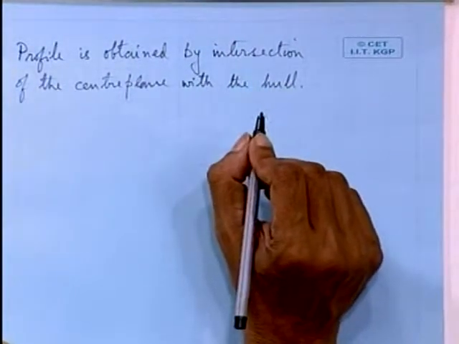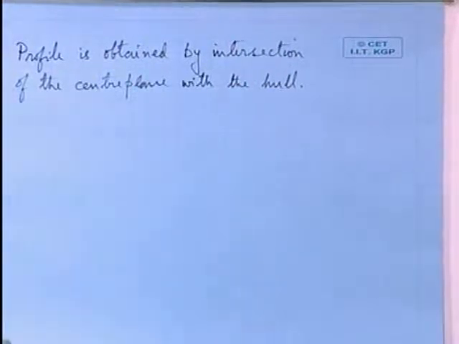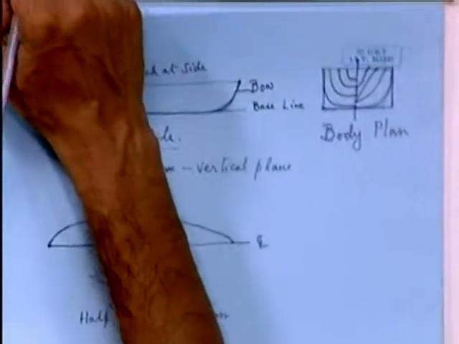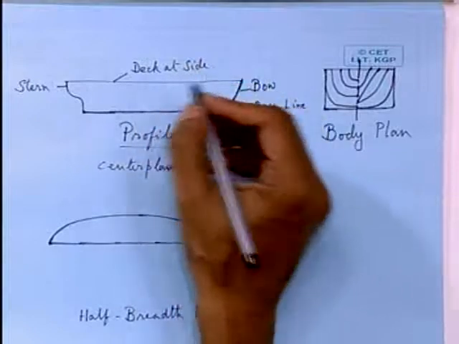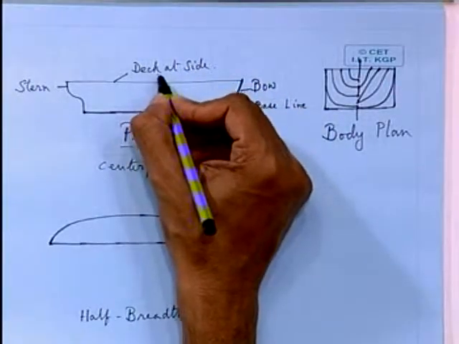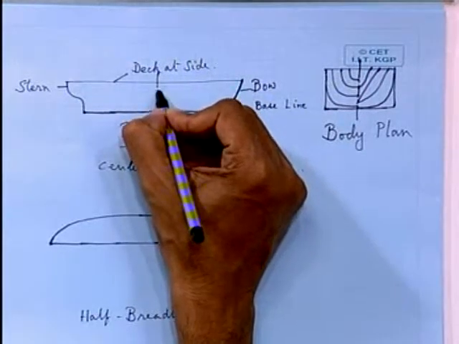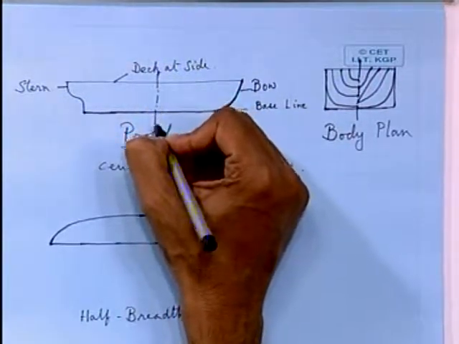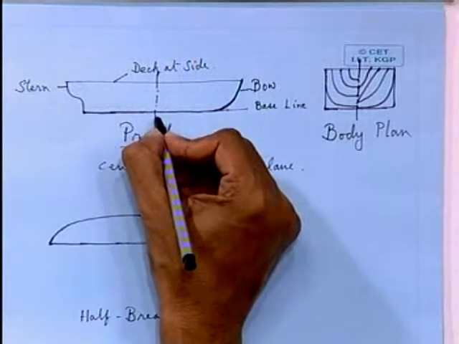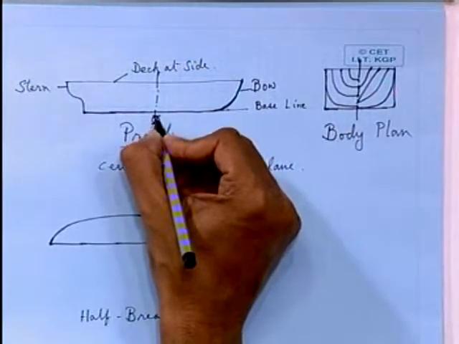Now, this one single plane you will find does not properly define the ship. Okay, this is the middle of the ship, and you will find a mark like this called Midship.